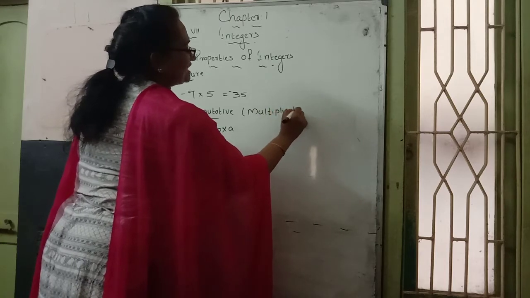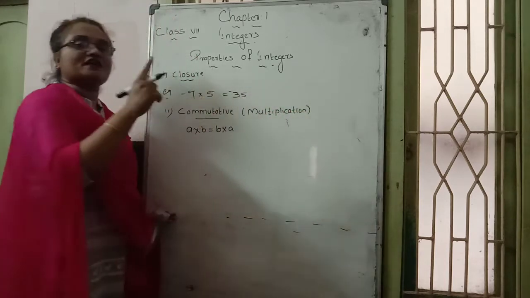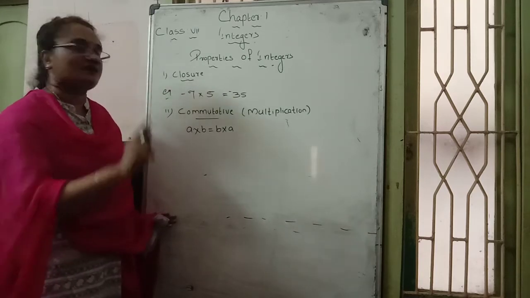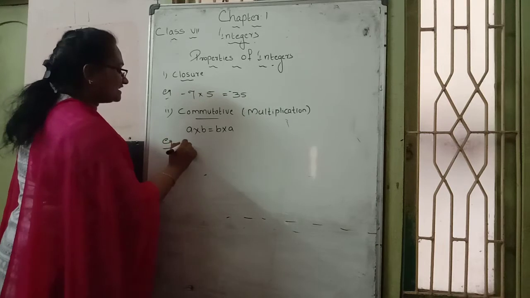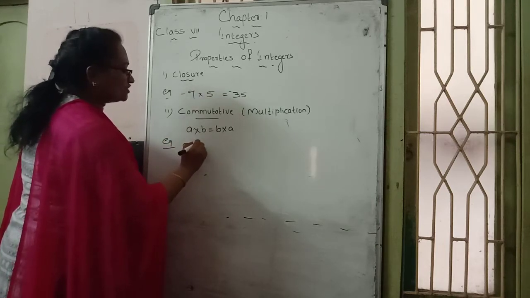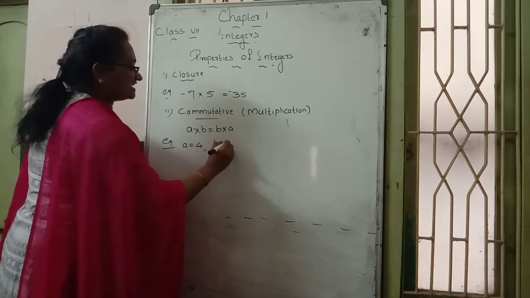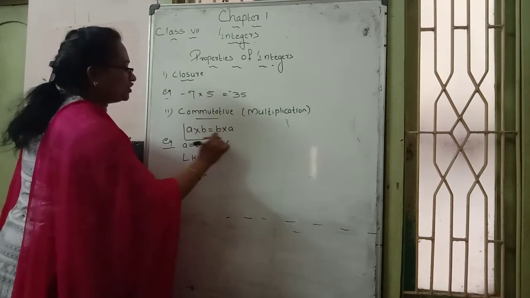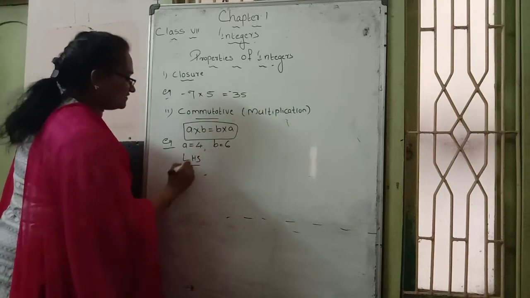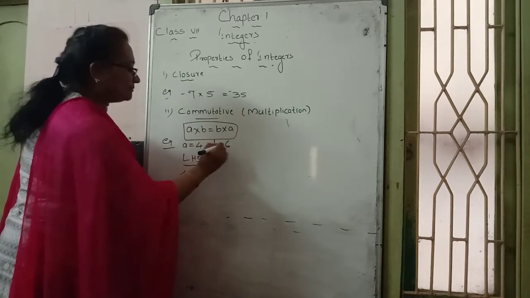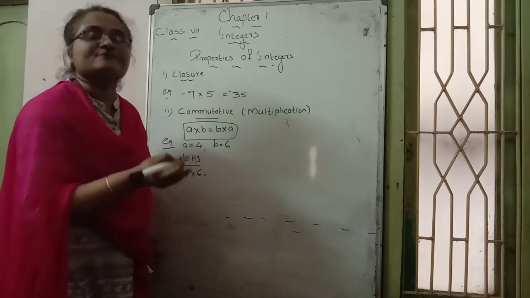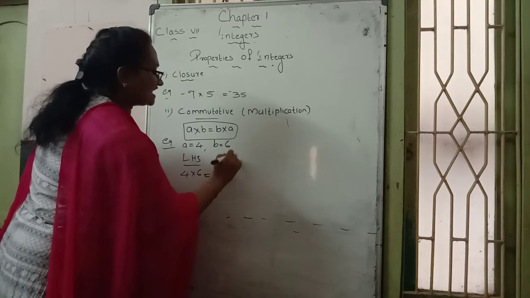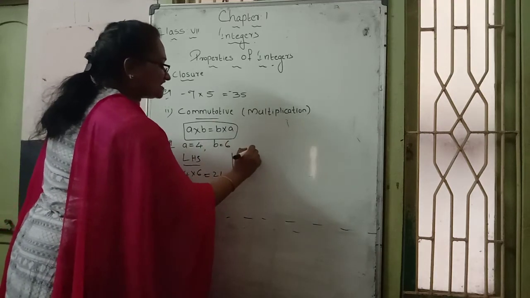In multiplication, if we take any two numbers and change the order, multiplying gives the same answer. Example: the a value I consider as 4, the b value I consider as 6. Then on the left side of our general form, substitute a as 4 and b as 6. So 4 sixes are how much? 24.